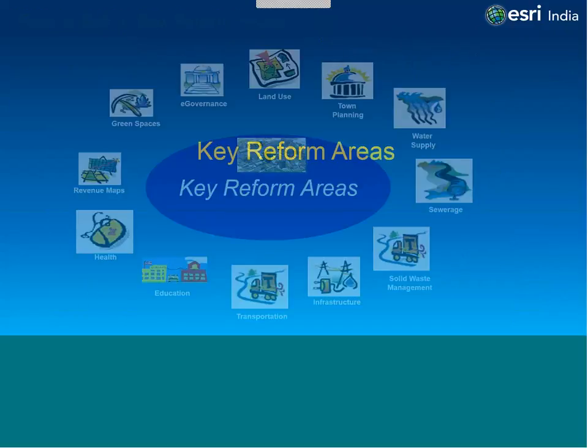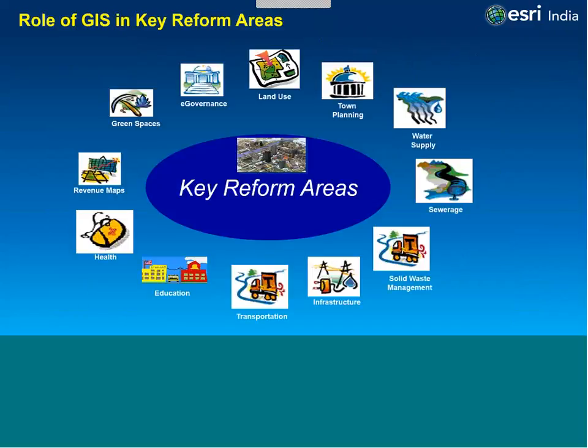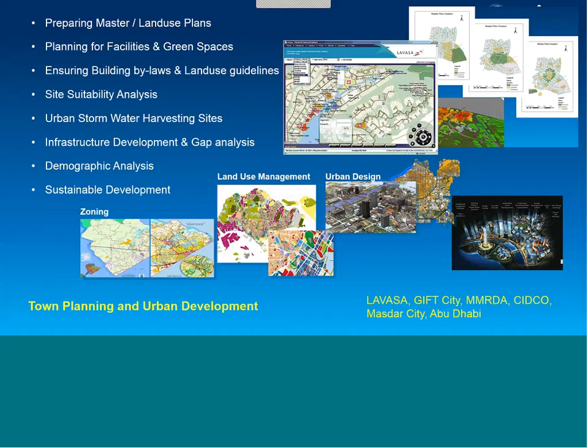Just quickly in a nutshell, these are some of the areas where the smart master plans, which are fully geo-enabled and prepared using this platform, can be accessed and leveraged in key reform areas like e-governance, land use, town planning, water supplies and utilities, sewer management, solid waste management, and infrastructure.